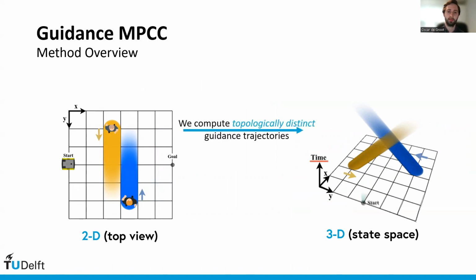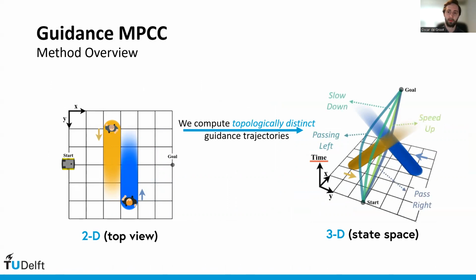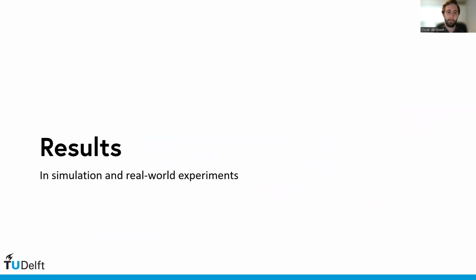And by computing topology distinct guidance trajectories in this 3D space, we find different types of driving behaviors. For example, passing left and passing right. And we also find paths such as speeding up and slowing down to avoid both obstacles. The idea is that we find the best option of these driving behaviors and use it to guide the local planner. We now present several results that we obtained.